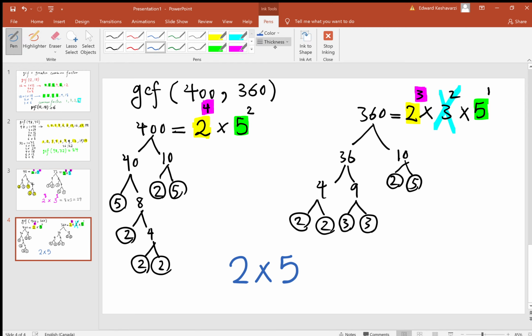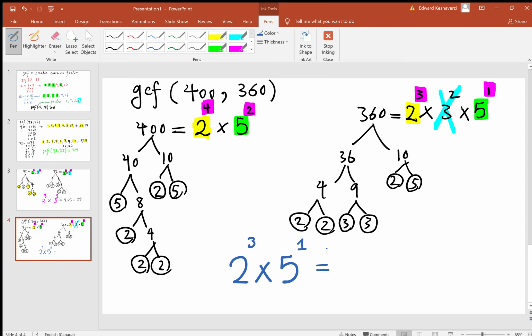We choose the lowest one, which is 3. Look at the exponents of 5's and compare them. 5 to the 2, 5 to the 1. So 1 obviously is smaller. This is why I'm going to write here 1.